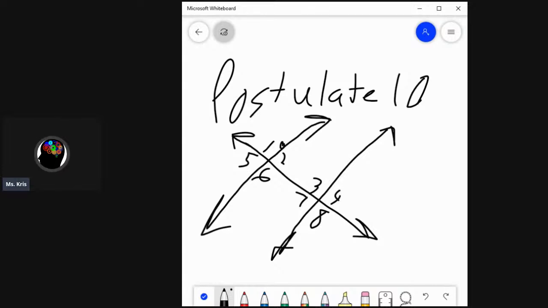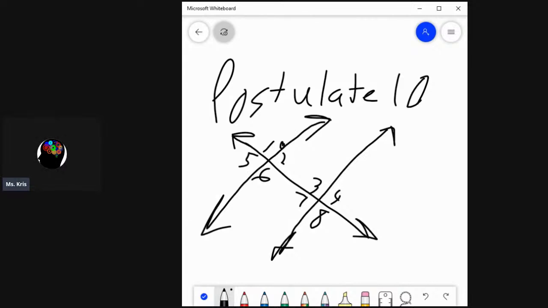If I'm looking for the corresponding angle of angle 1, the corresponding angle of angle 1 would be 3 because they're on the same side and they're congruent to each other. Same thing would be for corresponding angles of 2 and 4. They're on the same side and they're equal to each other. Same thing for 5 and 7 and 6 and 8. Those are corresponding angles and they're congruent to each other because they are corresponding angles.